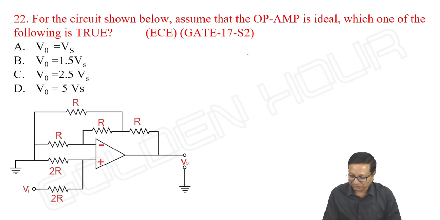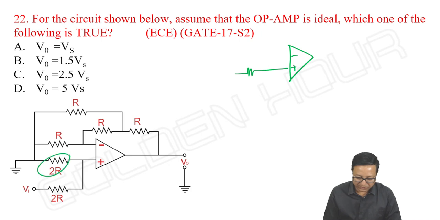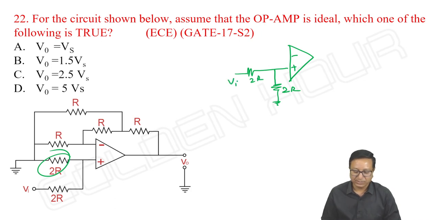See this. What I can do is show this first. This 2R I am writing from the non-inverting terminal to ground, and from input to the non-inverting terminal another 2R is going. Next, from the inverting terminal to ground 1R.